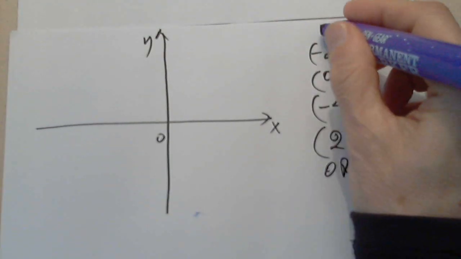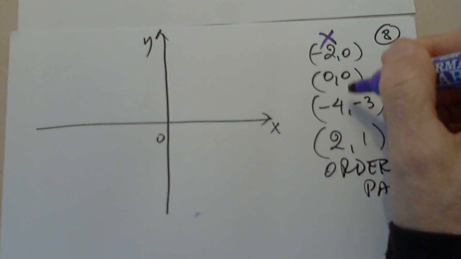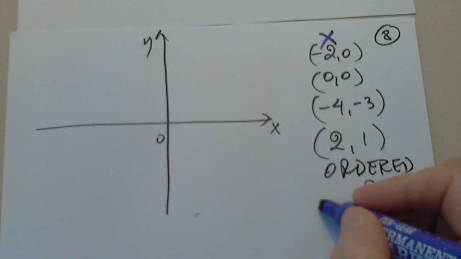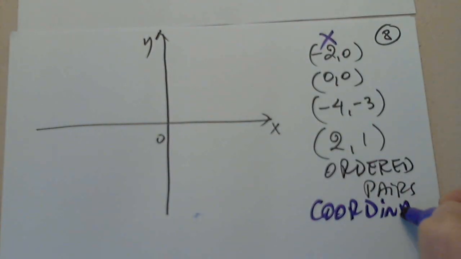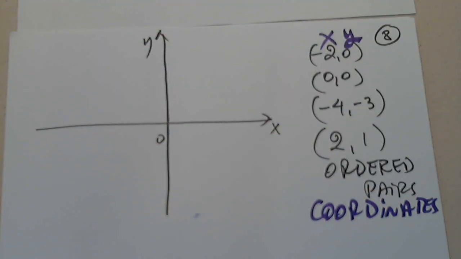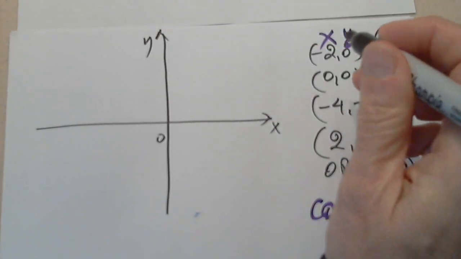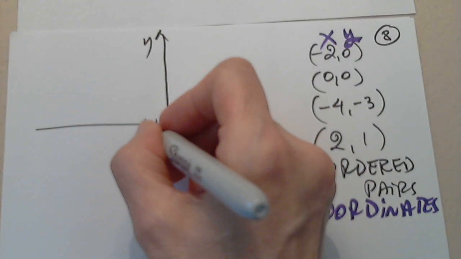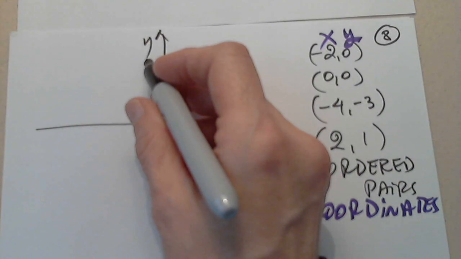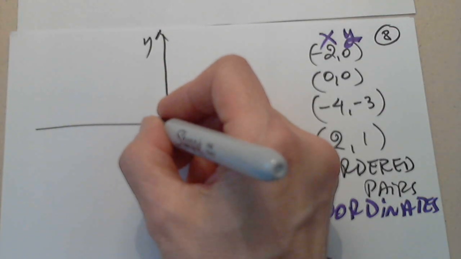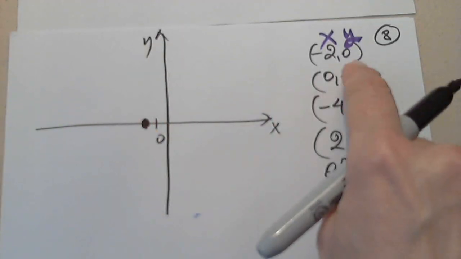The second element, or the second coordinate, is always y. If I'm asked to plot (-2, 0), I determine x first, -2. And then I go up if y is positive, I go down if y is negative, or I stay if y is 0. This point is (-2, 0).